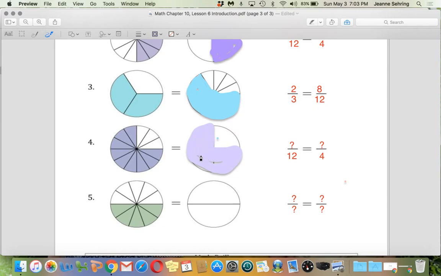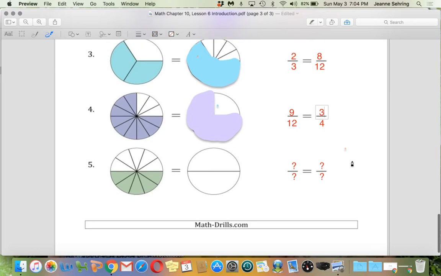It reminds me of shaving cream, and it looks like a baby carriage. All right, so the shaded in parts are the same. On this one, I have shaded in 9 total parts. And on this one, I have shaded in 3 total parts. So 9/12 equals 3/4. They are the same or equivalent.